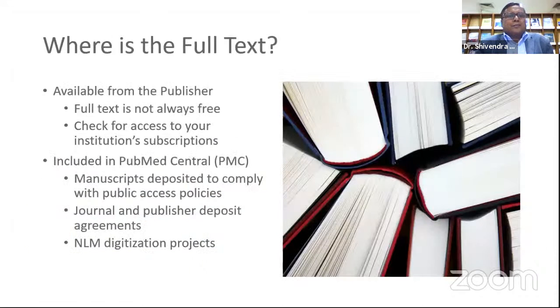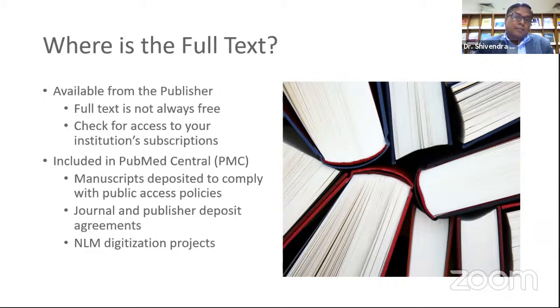So where is the full text? PubMed is not a full text database. I mentioned that PubMed is a database of citations, not a database of full text articles. However, about two-thirds of PubMed citations link to help you access the full text. They have a link in the citation where we can get access to the full text.